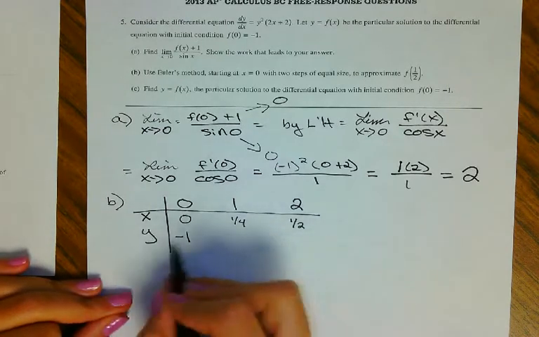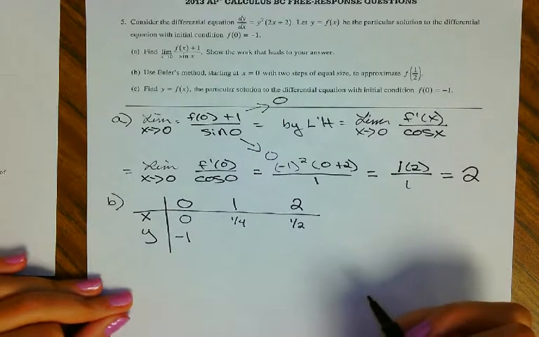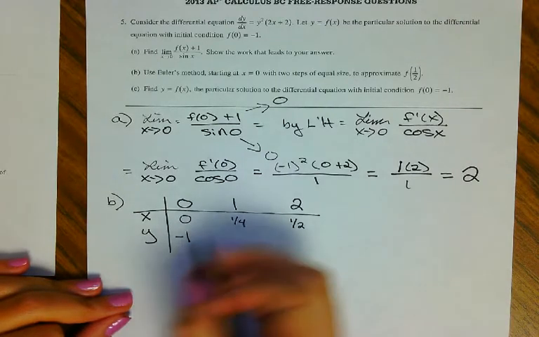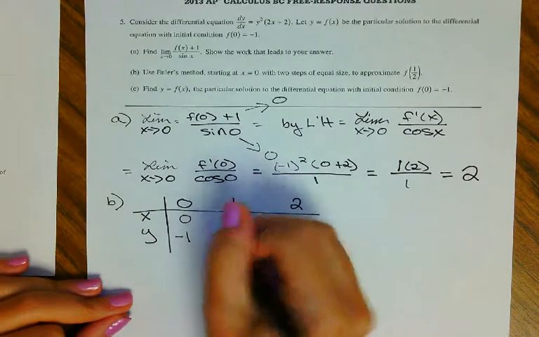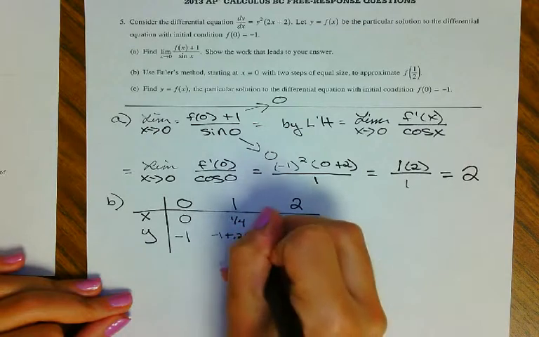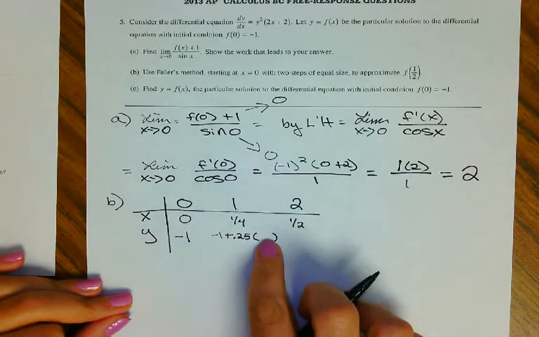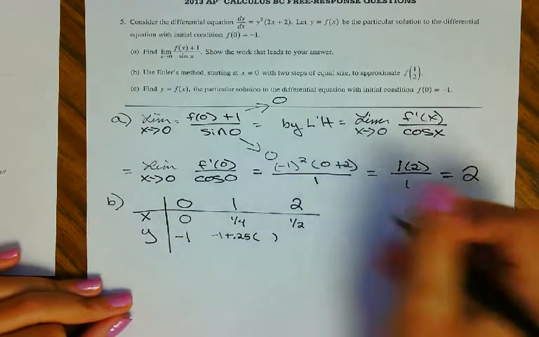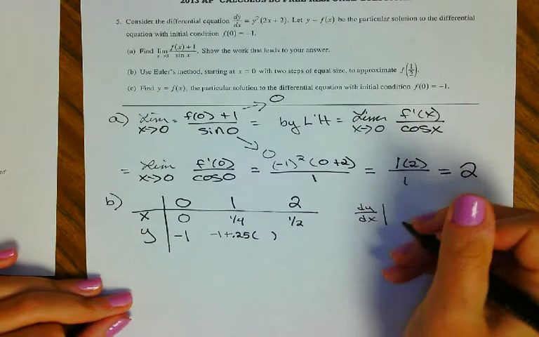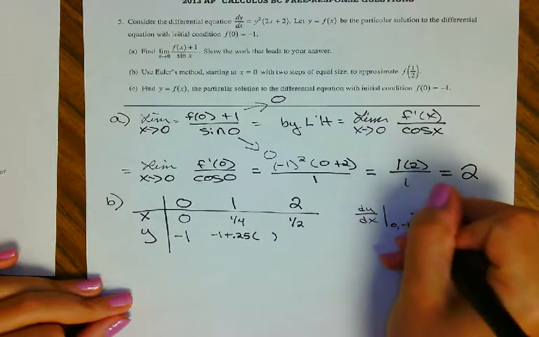The y part is what you need to do your scratch work on. Remember, you use the previous value, negative 1, plus the step size, which is 0.25, multiplied by the derivative evaluated at that previous point. You might need a little side work: dy/dx evaluated at 0, negative 1.